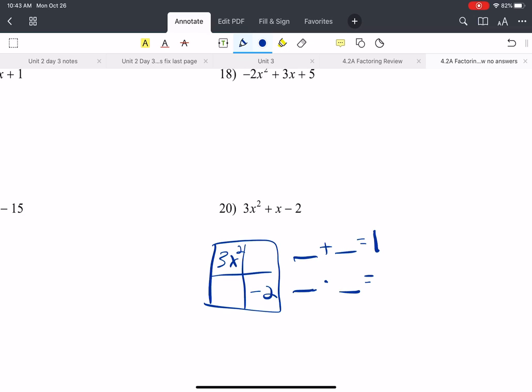So what am I multiplying to? Negative 6. 3 times negative 2. If you can't get rid of the number in front of the x squared, then you multiply to first times last.